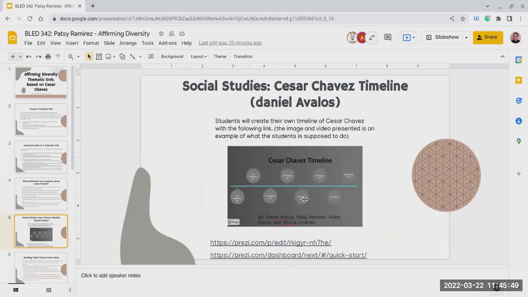The students also have the opportunity to do a timeline such as this, and students will create their own timeline of Cesar Chavez with the following link.